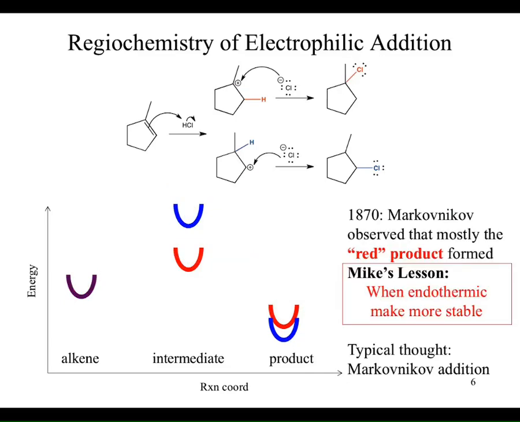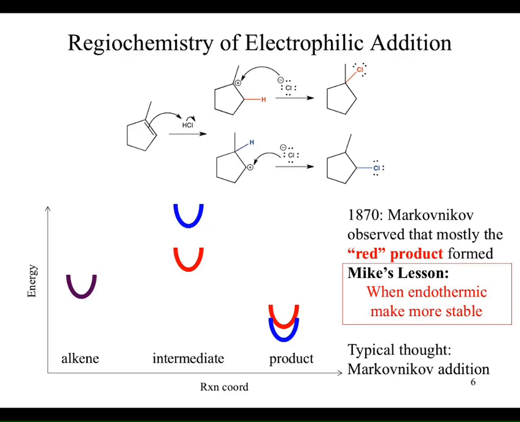Interestingly enough, in roughly 1870, so before we actually understand what an electron is, Markovnikov noted that the red product formed predominantly. Okay? And that's where we end up with the Markovnikov addition rule, which I personally dislike because it's ignoring all of the structural chemistry that leads you to the answer.